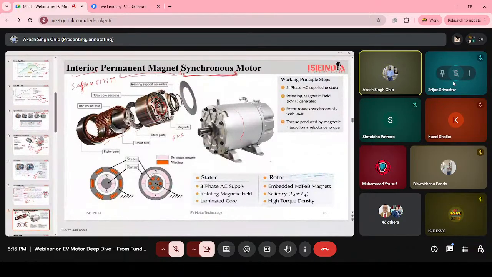Neodymium. Yes. Neodymium, iron, boron. This type of magnet, the neodymium iron boron magnet, is used here.